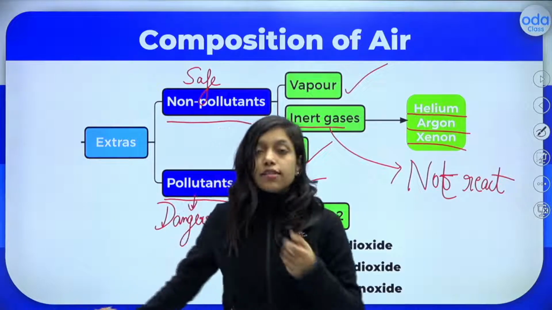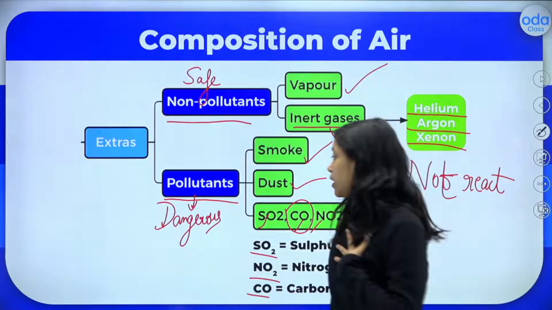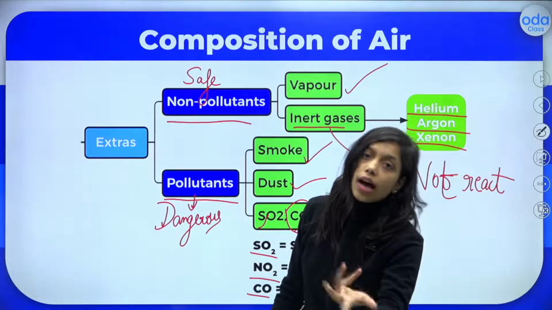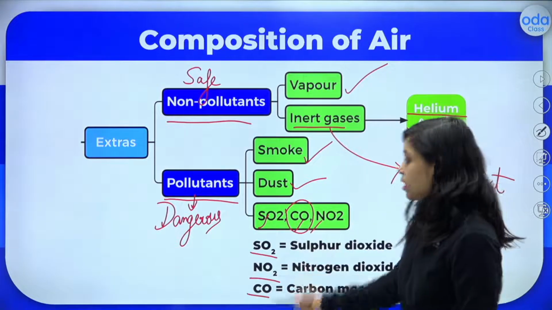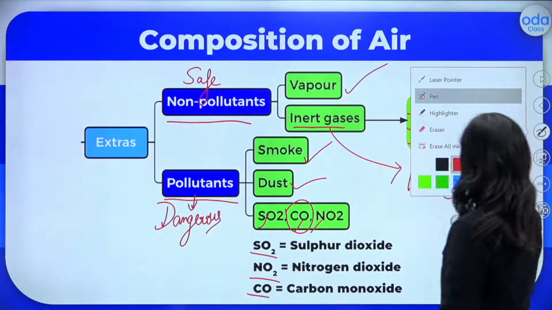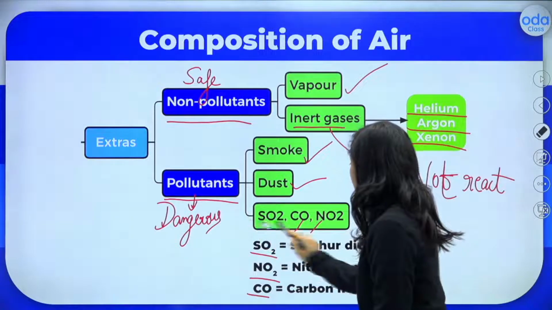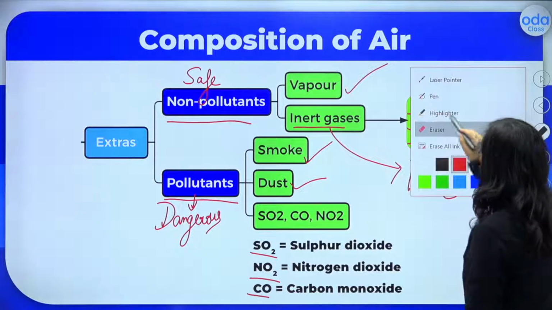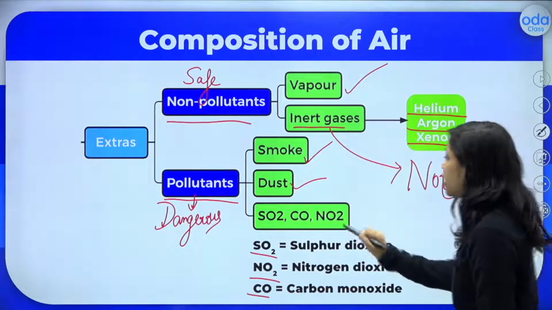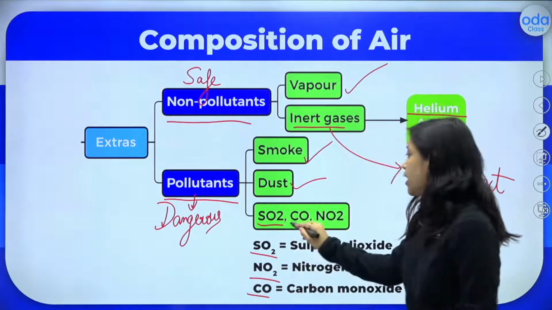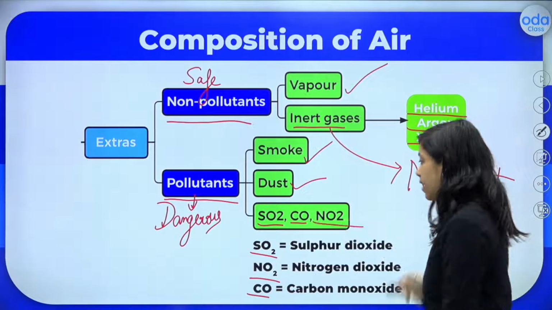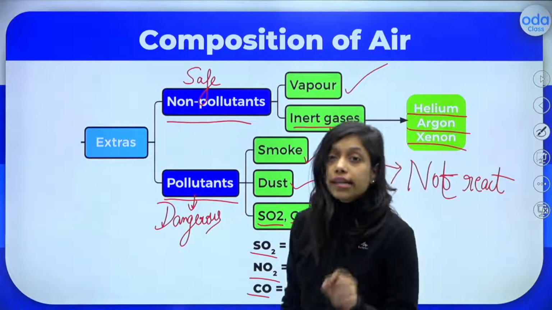So these three gases are very dangerous for human health, not only human health, all the other living beings as well. So you should remember this, okay? This is very important. What are the pollutants which are present in our air? That is sulfur dioxide, carbon monoxide, and NO2, that is nitrogen dioxide.